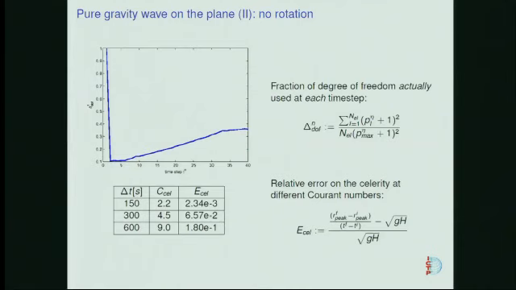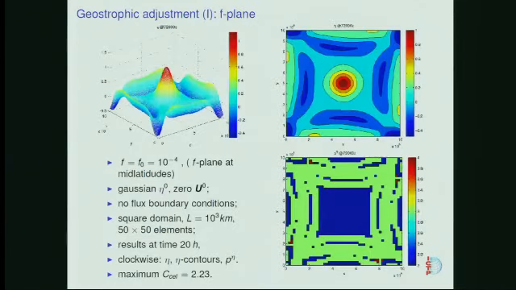And you see the evolution of this ratio when the time step evolves. And this is a very rough measure of the error on the celerity. And we repeated this evaluation for increasing Courant number. The same experiment, but considering also the Earth rotation.